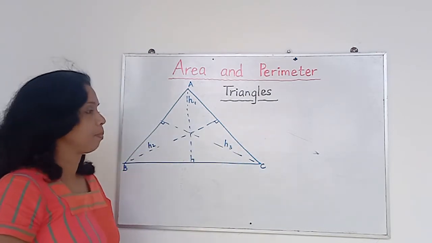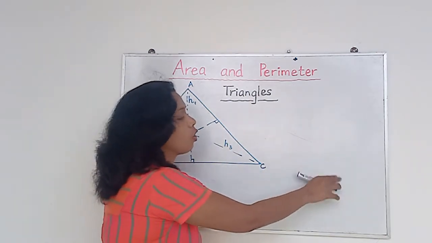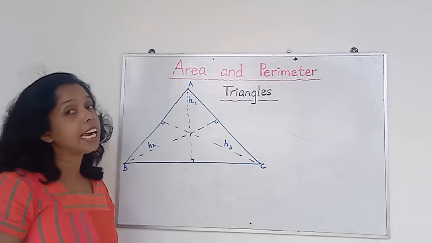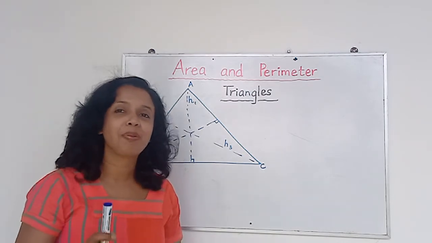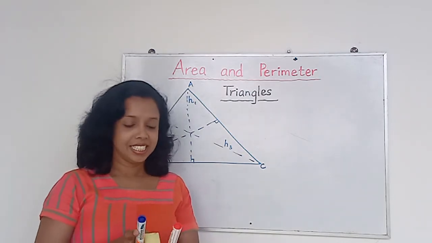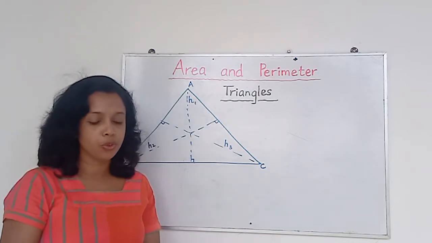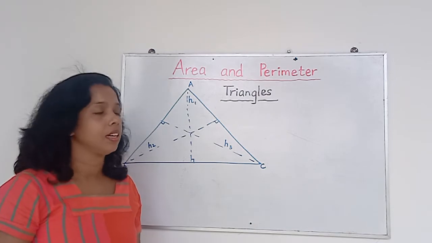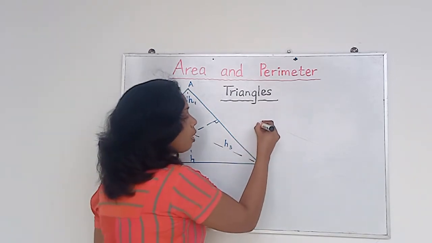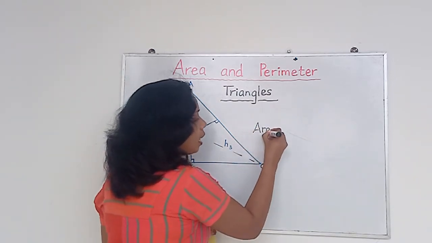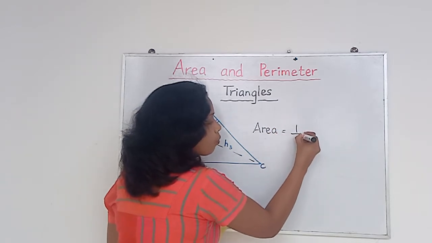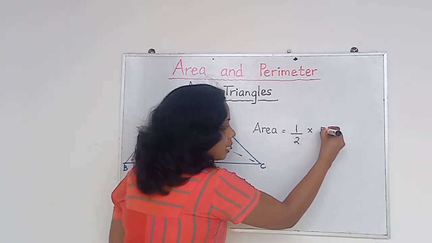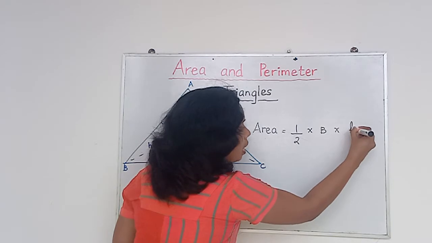Now tell me, if you are going to select H1 as the perpendicular height, children, how do you find the area of this triangle ABC? You know the formula we can use: area equals half into base into perpendicular height.